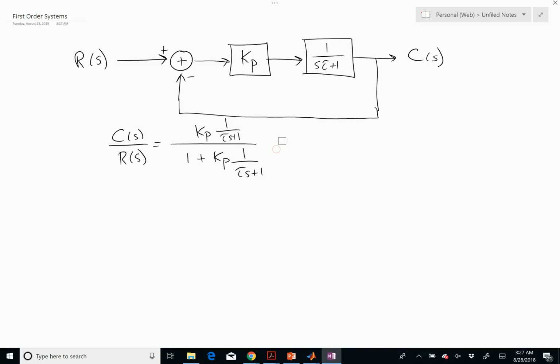typically with these transfer functions, I want to get these guys in what we call a proper form, which means that what I want is polynomial of S on top and bottom, right? That means that I multiply top and bottom by tau S plus 1, okay?